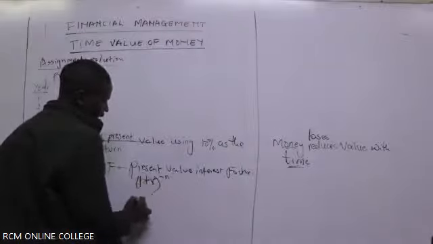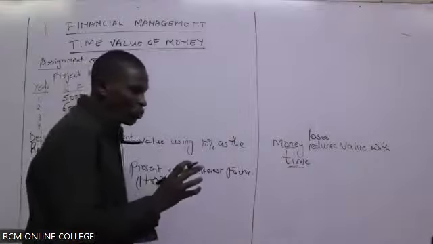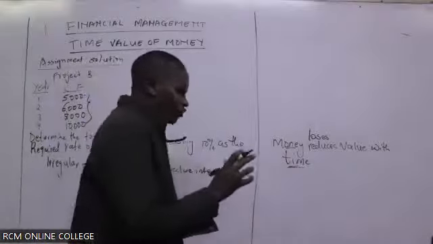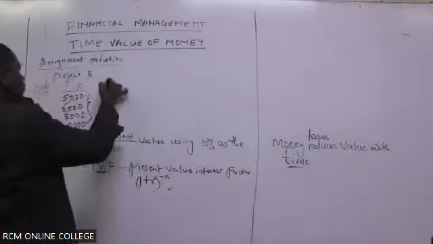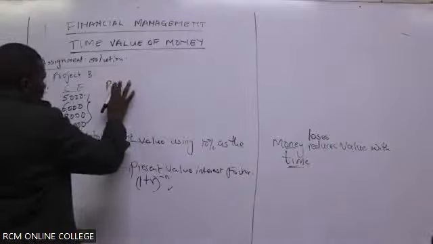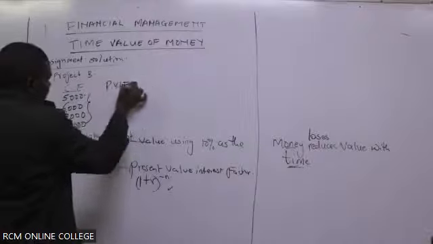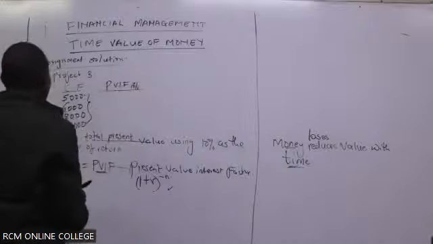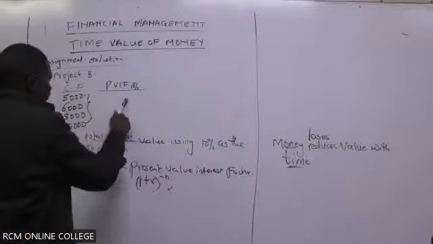Class, I told you that this is golden, and it is good to note that this is the formula for getting the PV. So in this case, if I want to discount this, and I'm using 10%, the first thing I need to get is the PV of the first year.